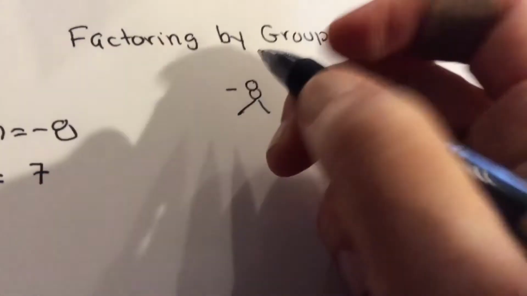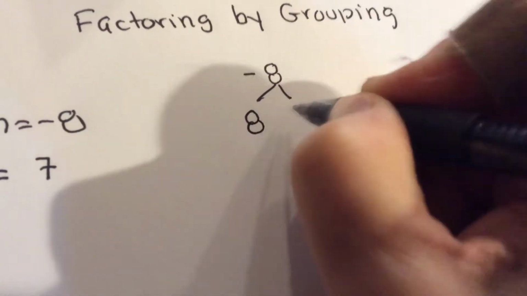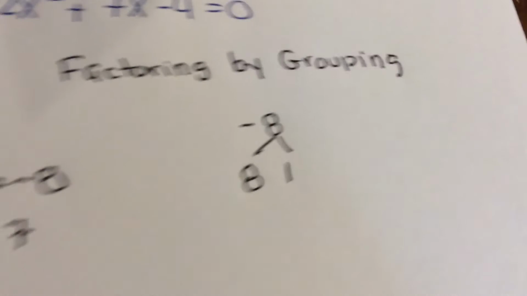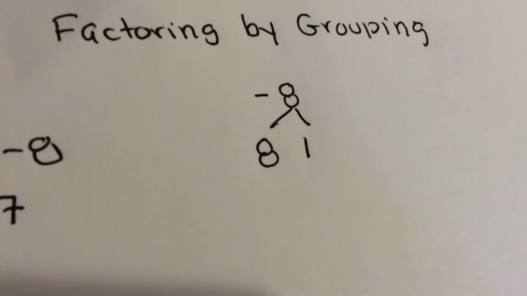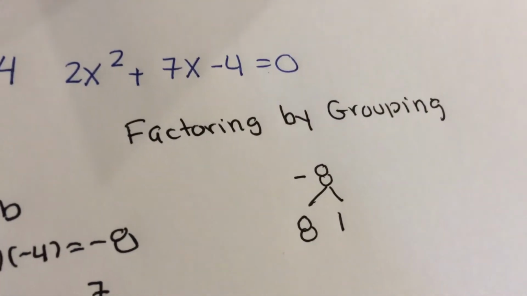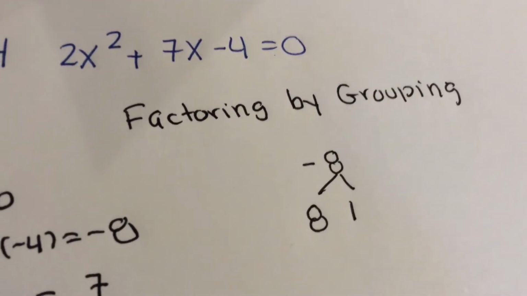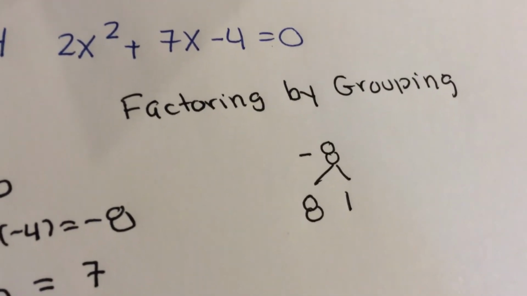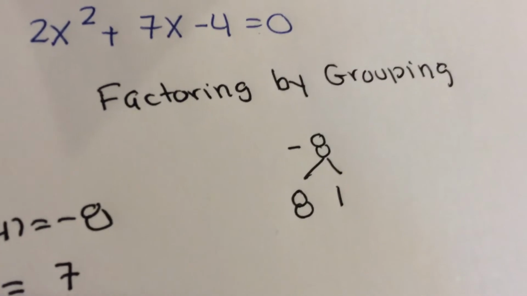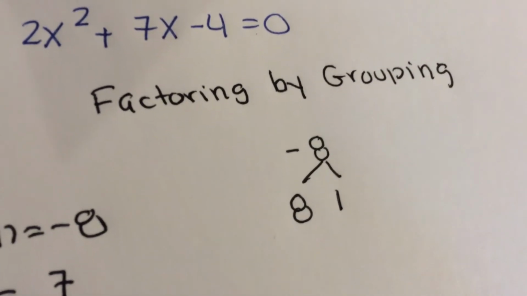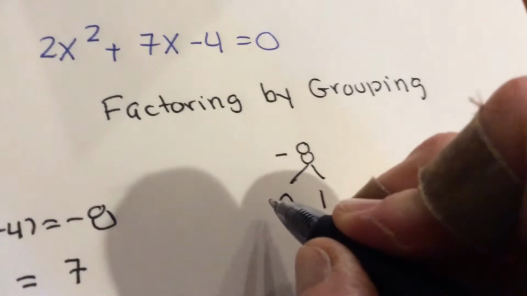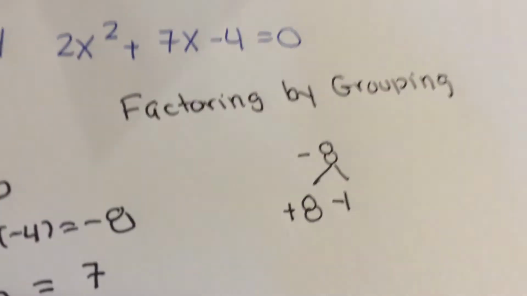I'm just going to start out with 8 and 1. Is there any way to combine 8 and 1? Because it's a -4 at the end, one of them has to be positive and the other negative. Since it's a positive 7x, the 8 is positive and the 1 is negative.